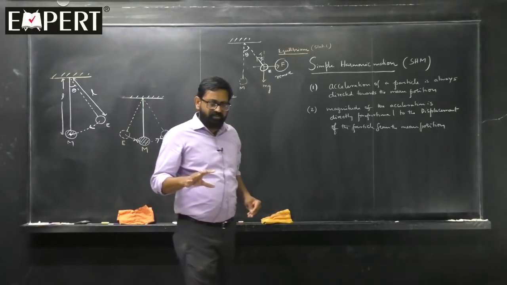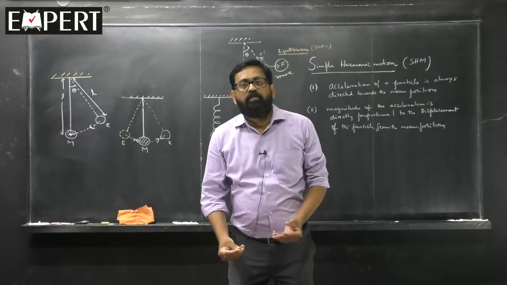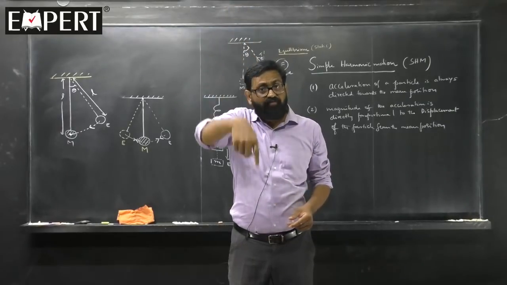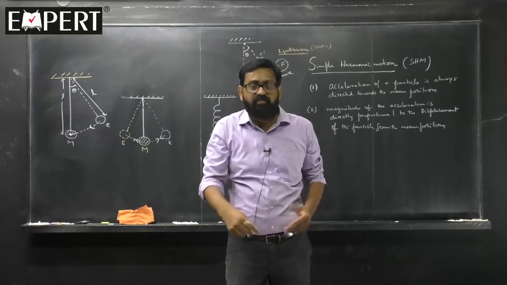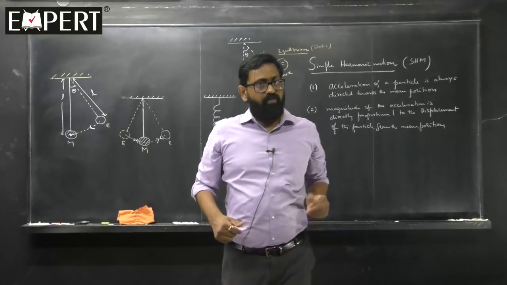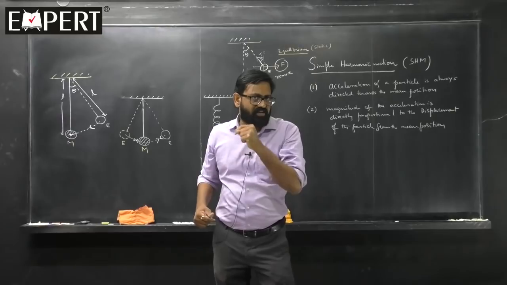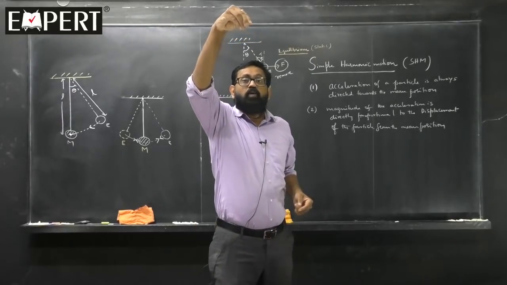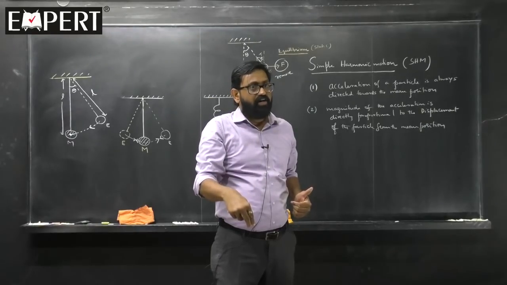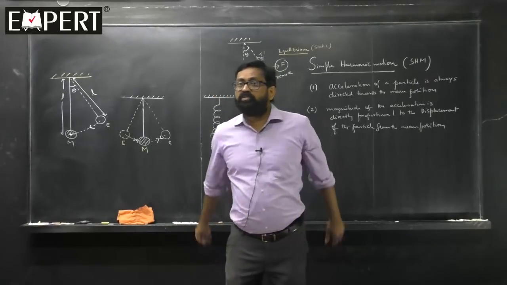So the simple logic is, in one dimensional motion, if the direction of motion of the object is along the direction of the force or along the direction of acceleration, because the direction of acceleration is along the direction of the force only, F equal to ma, the direction of force and the direction of acceleration are the same. In one dimensional motion, if the direction of motion is along the direction of force or acceleration, the velocity of the object goes on increasing.